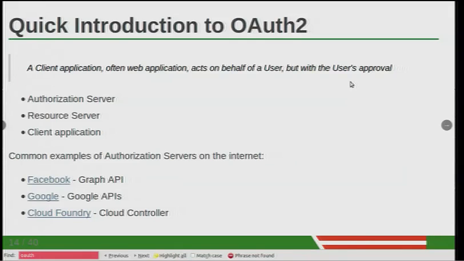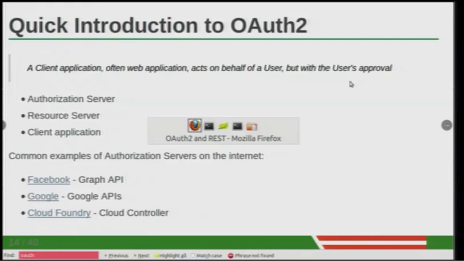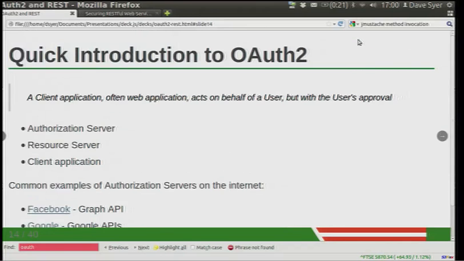So Cloud Foundry, Google, they do the same thing. If you have a client application, third-party client application, or even second-party, or even first-party, right? So for example, the support site for Cloud Foundry, if you go to support.cloudfoundry.com, why don't I do that? Oh, actually, this is a browser, isn't it? There we go.